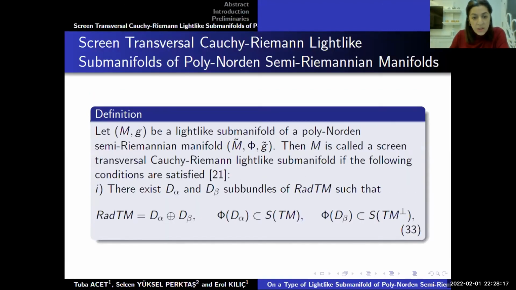And let us give the definition of a screen transversal CR lightlike submanifold. For a lightlike submanifold of a Poly-Norden semi-Riemannian manifold, if the submanifold satisfies the following two conditions, then it will be called a screen transversal CR lightlike submanifold. The first condition states that there exist two subbundles of the radical distribution such that equation 33 is satisfied.